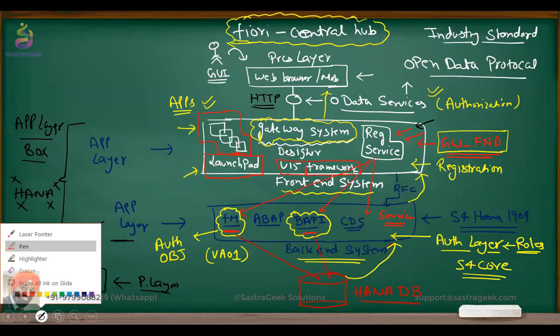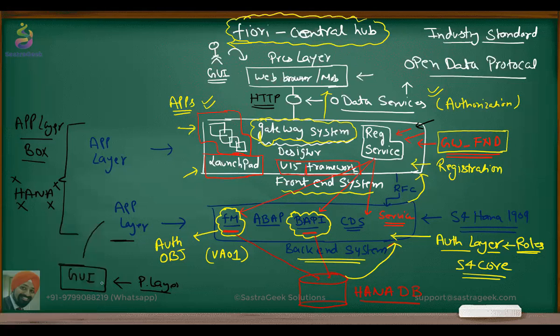If Fiori is not there, you would connect this HANA database system with this S/4HANA 1909. Then this would be connected with your GUI. So only this below part would be there: HANA database, S/4HANA 1909, GUI. Your gateway system would not be required.